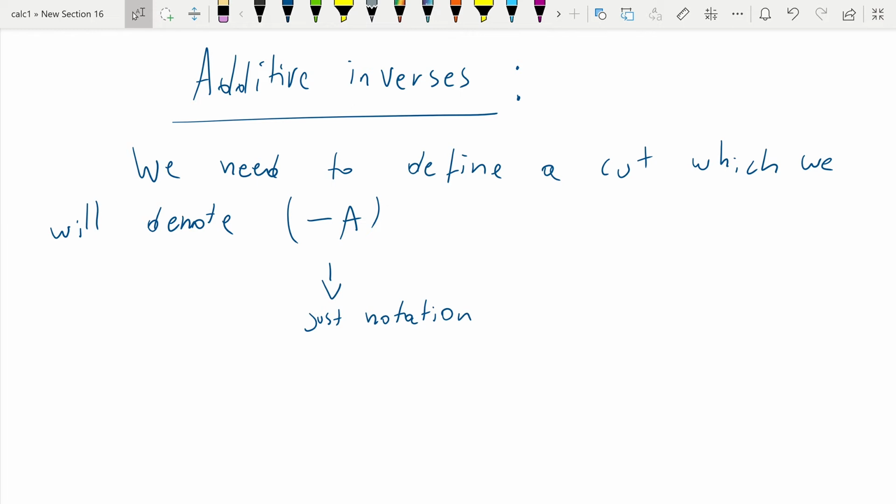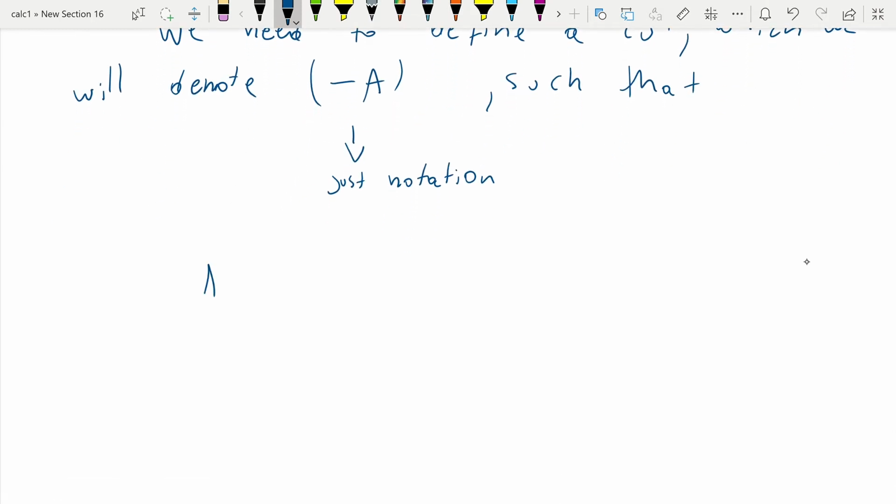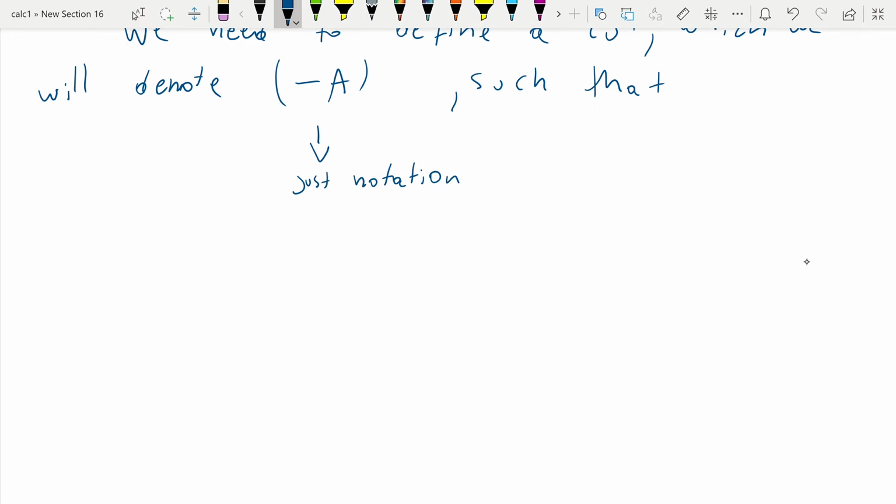We have to find a cut associated to A such that if you add A and minus A, you get the 0 cut, that Dedekind cut defined before.